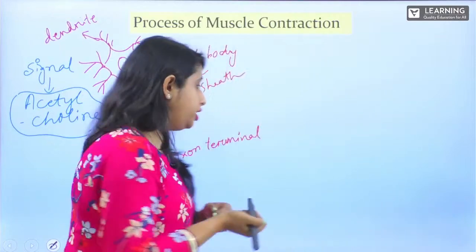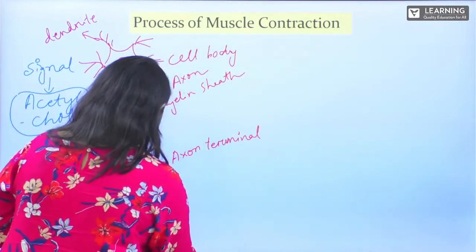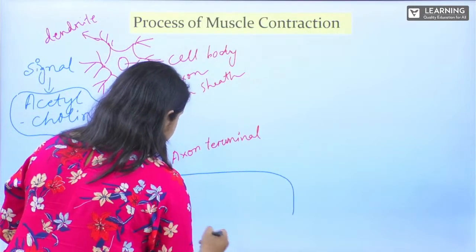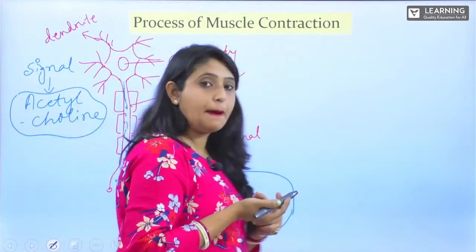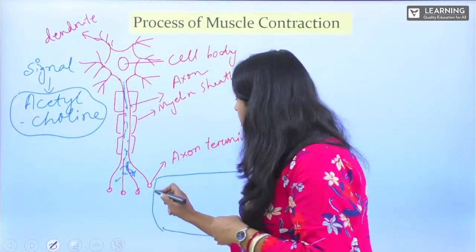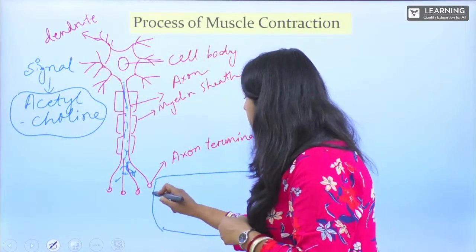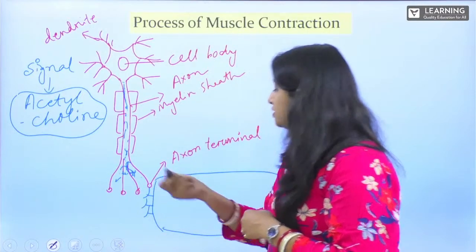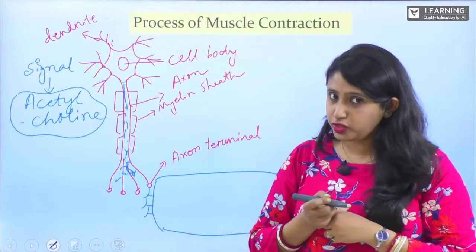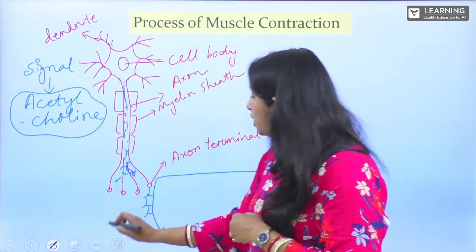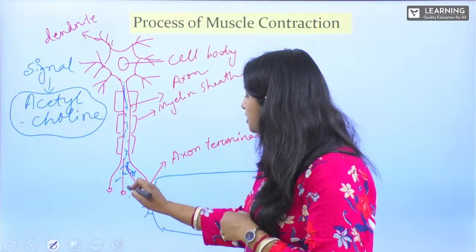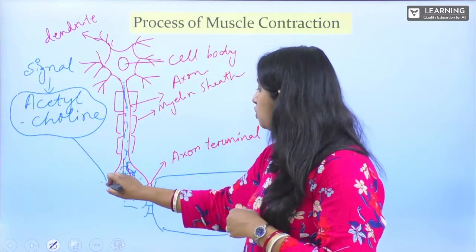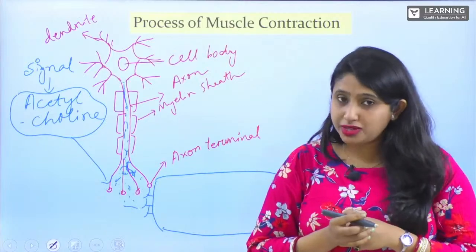So let me draw a muscle cell near this. This is the muscle cell, for example. Here there will be various receptors on top of the muscle cell, and these receptors will be receiving the signals, that is, the acetylcholine.